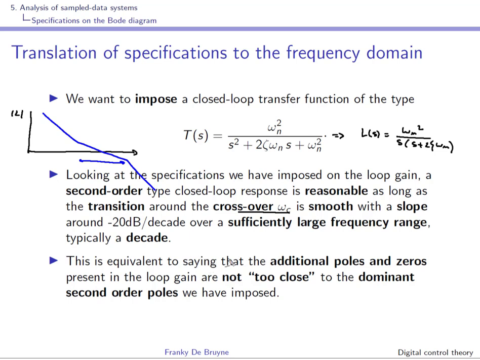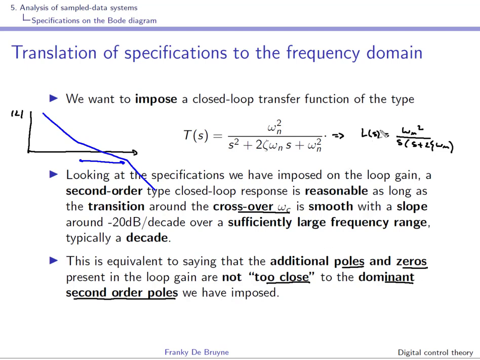This is equivalent to saying that, if you work with dominant second order poles, as we have done, for instance, in the course of state space, the dominant second order poles are not too close to additional poles and zeros that you might have in your design.